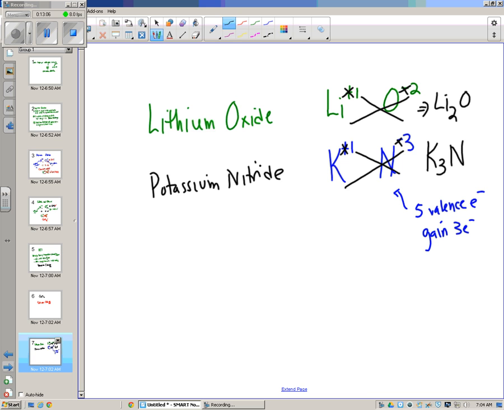Okay, now the next one we have is Al2O3. They ask us to name it. We have to name the cation first, which is aluminum. And then we name the nonmetal anion, only we have to change her name because she got married.